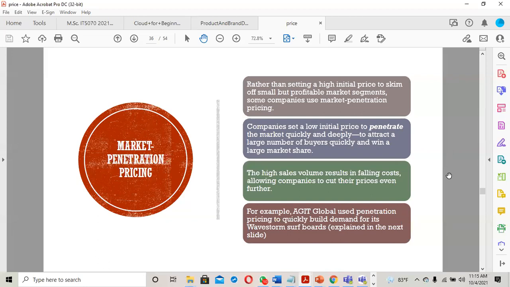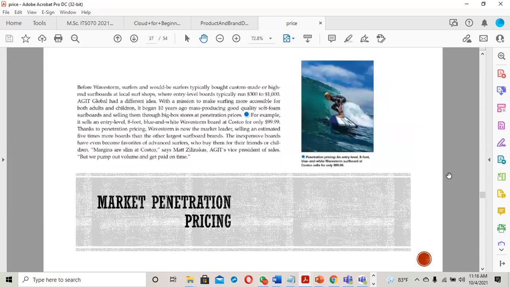One example is the surfboards by a company called Agit Global. They came up with these surfboards, which they termed Wavestorm. At the time when they first introduced these Wavestorm surfboards, the price for a surfboard started somewhere around $300 and went all the way up to $1,000.